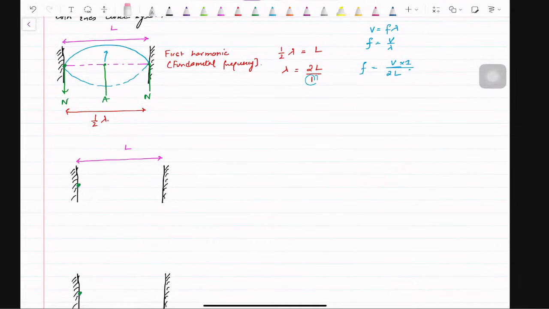So the next wave will be created like this. So if you pluck it 2 times in a certain frequency, it is going to create something like that. Now if you notice, this is a node, this is a node, and this is a node, right? Yeah. This much distance is half lambda, and this is half lambda as well.